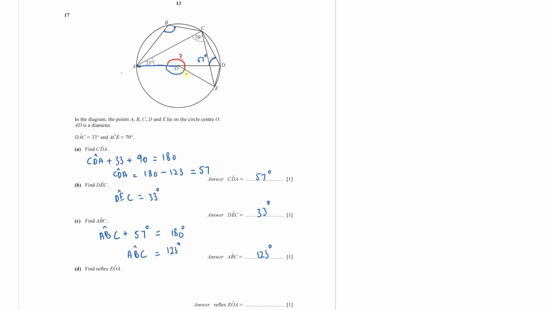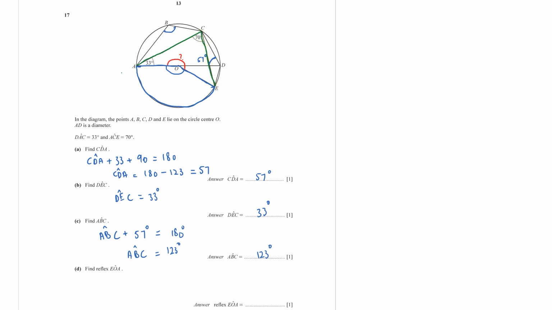If you look at this angle EOA, the blue one, it is subtended by this arc AE. This angle here, ACE, is also subtended by the same arc.